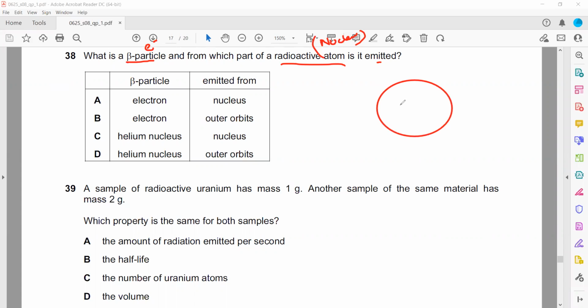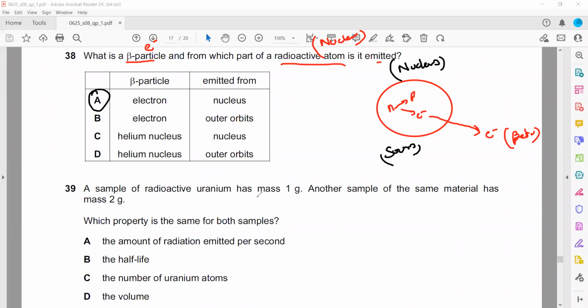A neutron changes to a proton and an electron, and this electron goes out, and we call this electron a beta. So what is the source from where it originated? The source is the nucleus. So all these radioactive radiations such as alpha, beta, and gamma are emitted from the nucleus. So beta is an electron, and it is emitted out from the nucleus.